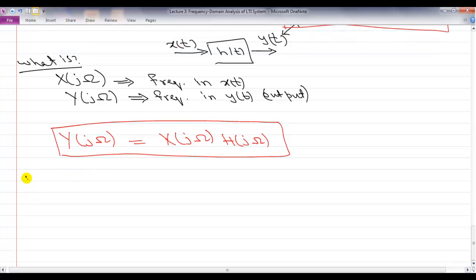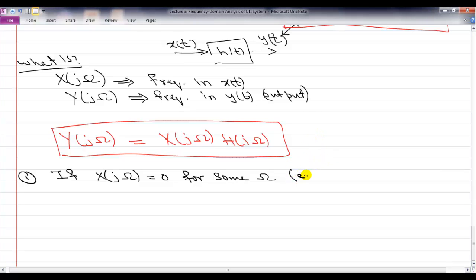The first case is if x of j omega is equal to 0 for some omega. What I mean by that is, for example, let's say x of j 2 pi 1000 is equal to 0.